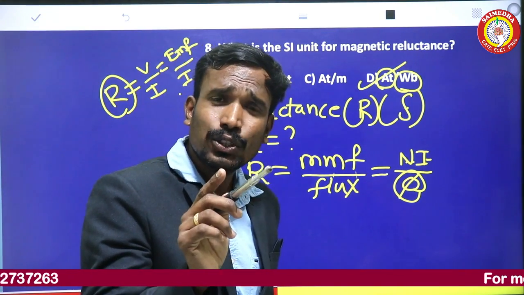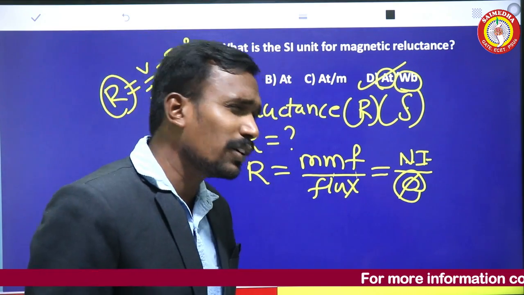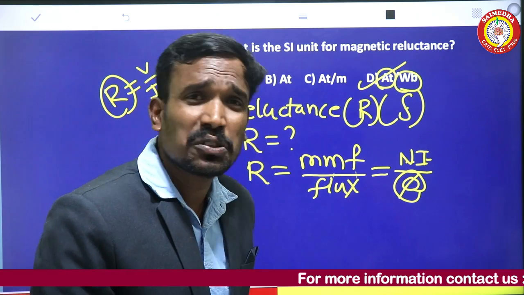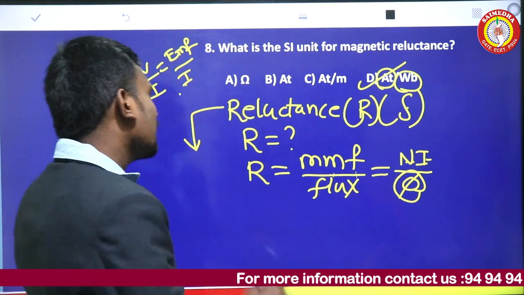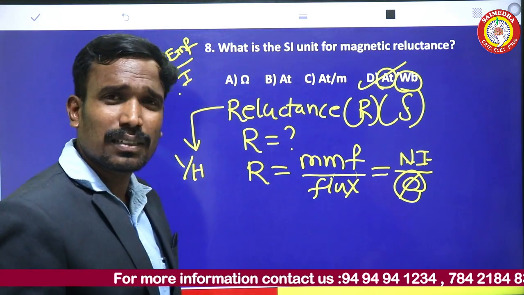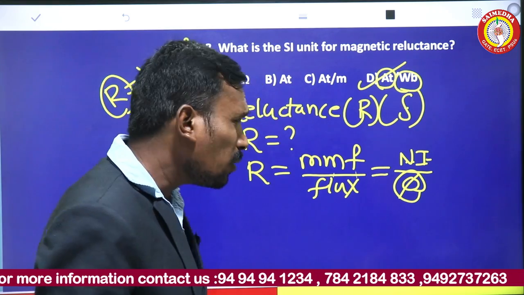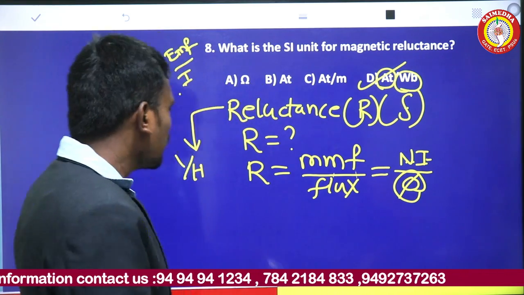Of course, reluctance has other units also. This is the SI unit, ampere turns per Weber. Then what are the other units? The reluctance unit is per Henry. This is also a correct answer. How, sir?